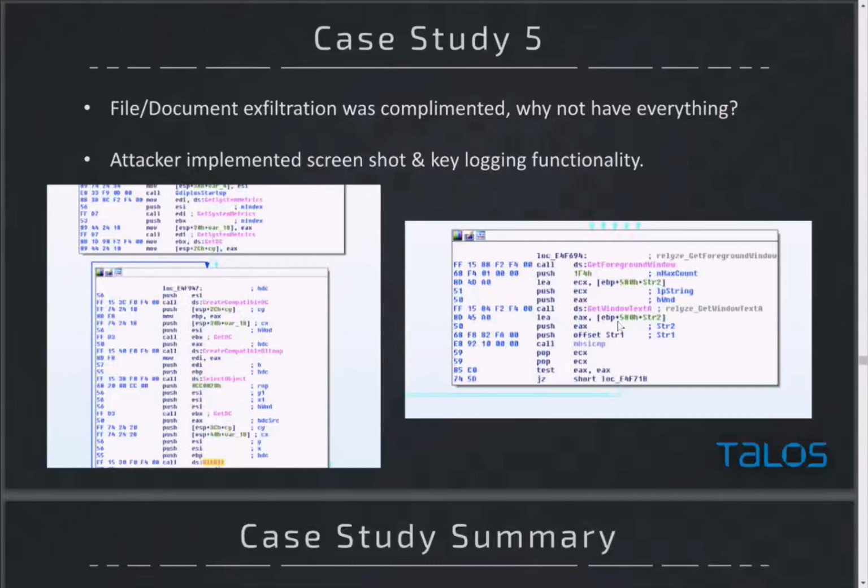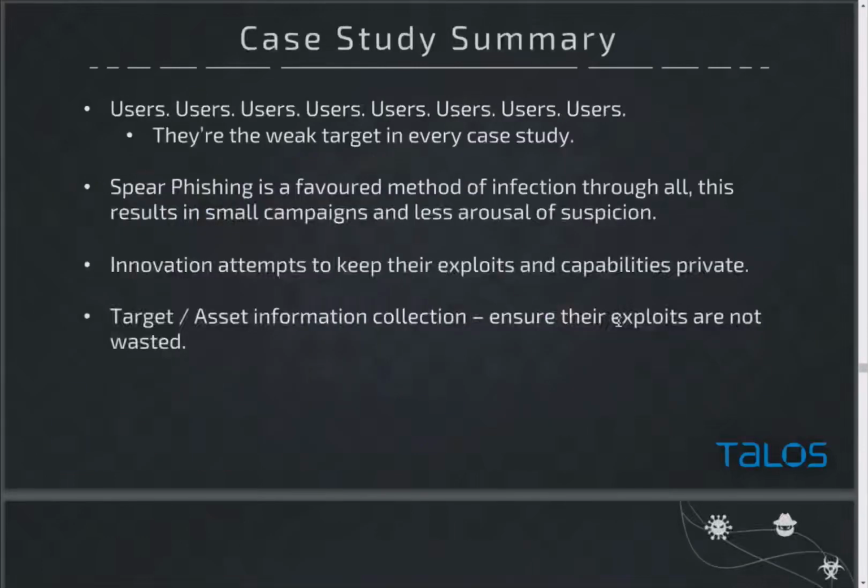And additionally, it contains keyloggers. It's something really common. So, on each of these case studies, we saw it's basically always users opening a document, and it basically always starts with a phishing campaign, but they make a lot of effort to keep their exploits and tools private.